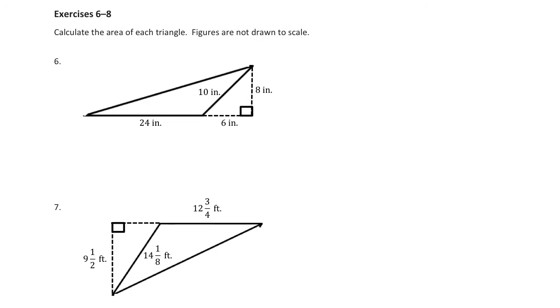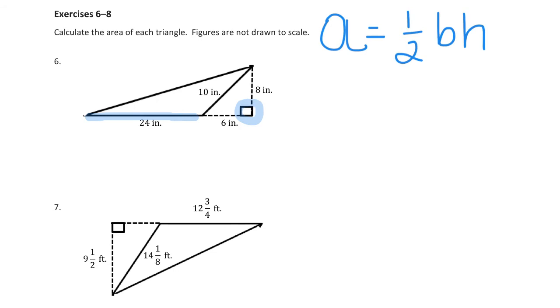So we are continuing finding area of triangles. Area of a triangle, remember, is 1/2 times the base times the height. The base has to be an edge of the triangle, so I'm looking for where the right angle is. And so here's my base.